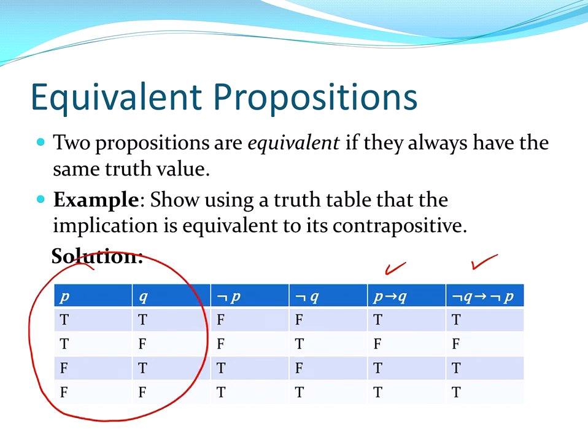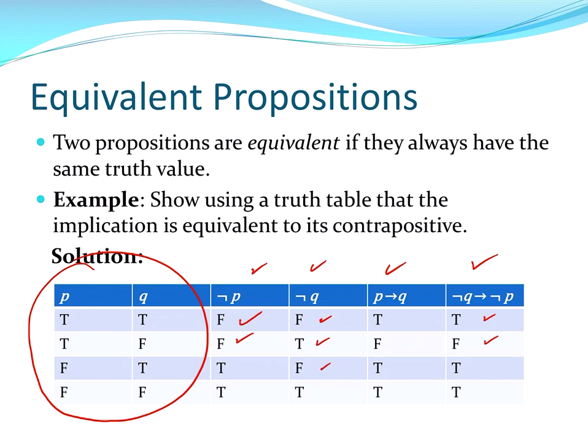We have two atomic propositions P and Q, so we only have 4 lines. I capture the intermediate values of the negation of P and the negation of Q. And then I just apply the definition of the implication here to get true, false, true, true for these truth settings. But note that for the negation of Q and the negation of P, when the negation of Q is false, that's going to be true by the vacuous case. If the negation of Q is true and the negation of P is false, that's going to be false.